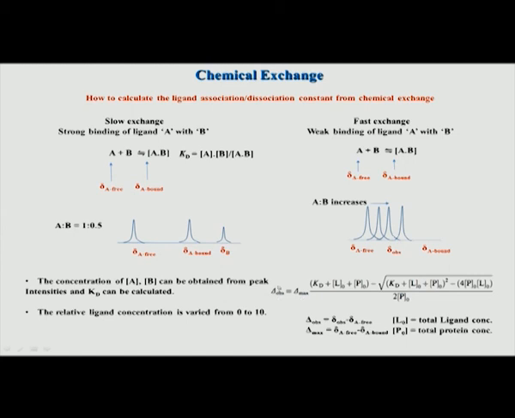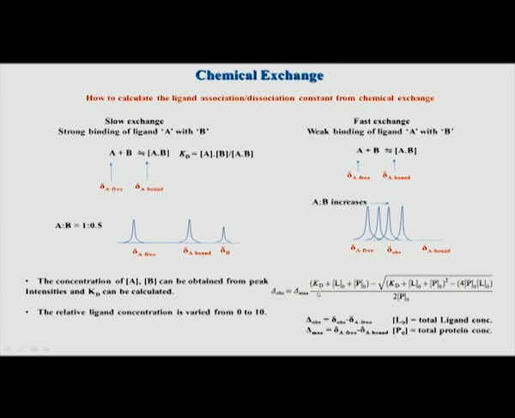So, once you know delta observed at different points in your titration, and you know the delta max for the last point in your titration after adding a large amount of B, you can then at every point calculate and fit it to this equation. So, what is the fitting parameter? Kd is the fitting parameter. This is what is known, not known, these are unknown.